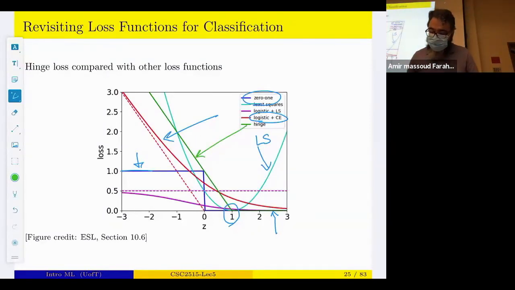So this is somewhat similar. It basically says that if z is larger than 1, so it has enough margin of 1, for example, then there's no loss. But if the margin is smaller than 1, it starts to penalize, and the penalty behaves linearly. So as soon as we start violating the margin, the cost in the objective would be proportional to the amount that we are violating.